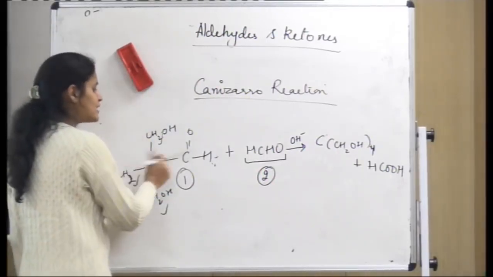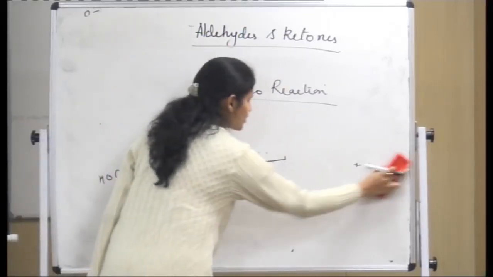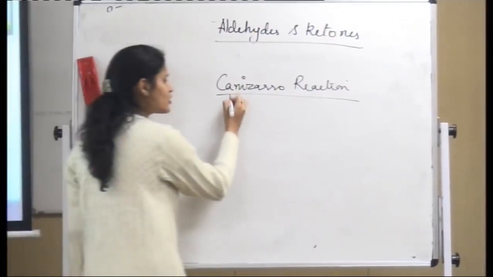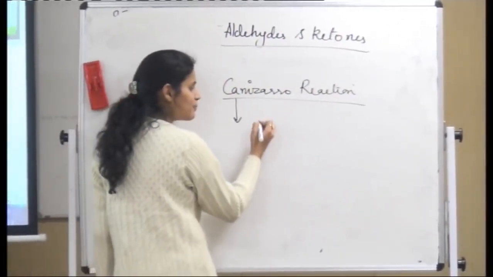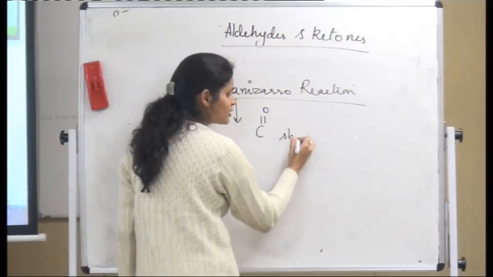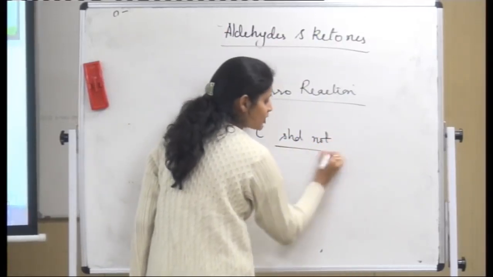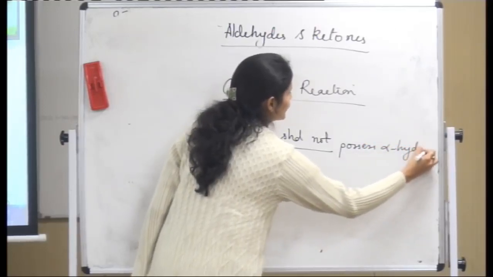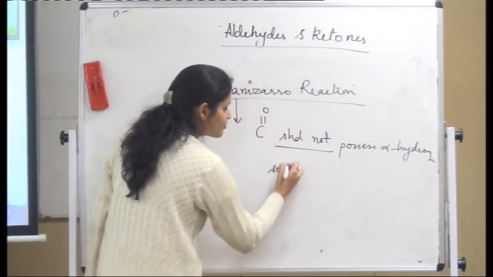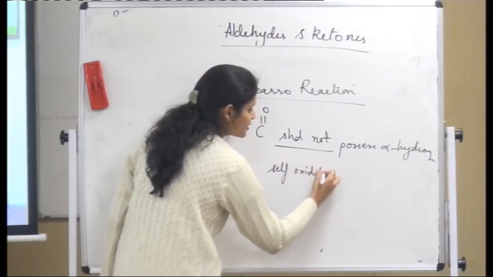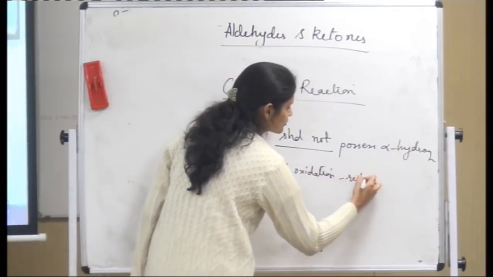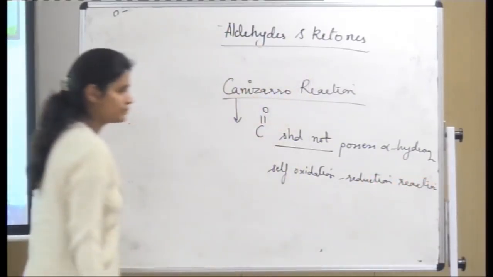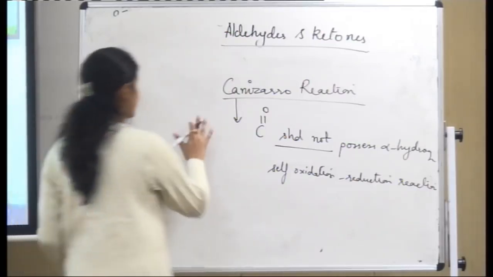It is not necessary that for the Cannizzaro reaction both of the molecules should be the same, but the condition is that the carbonyl compound should not possess alpha hydrogen. Only then could it undergo self-oxidation and reduction, right? This is what is known as the Cannizzaro reaction.